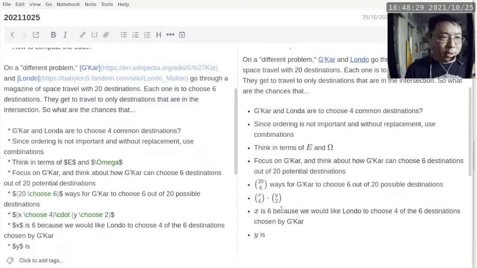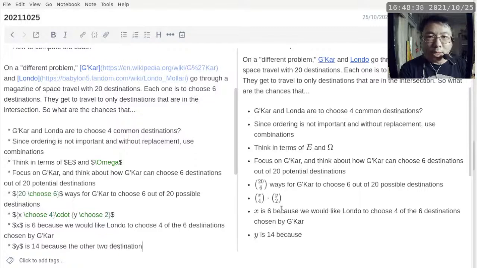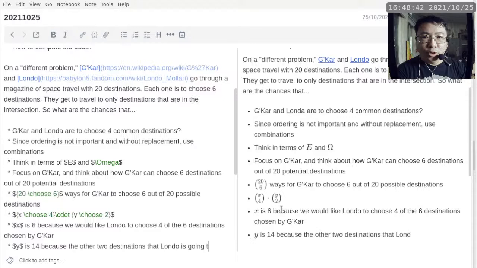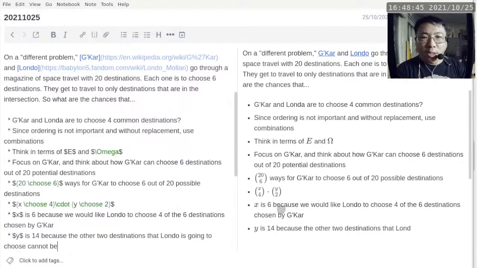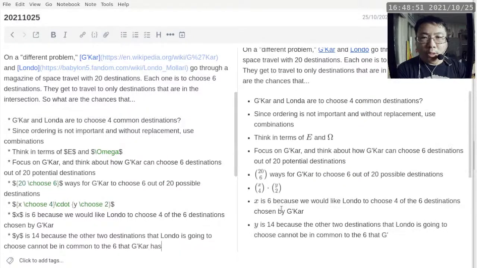14 is correct. Okay, so Jonathan is correct because y is 14, because the other 2 destinations that Londo is going to choose cannot be in common to the 6 that Jakar has already chosen.